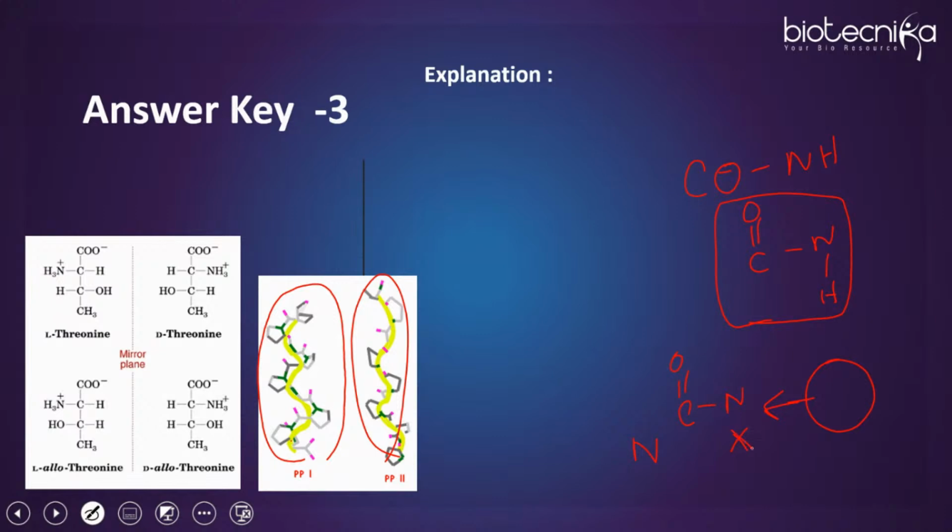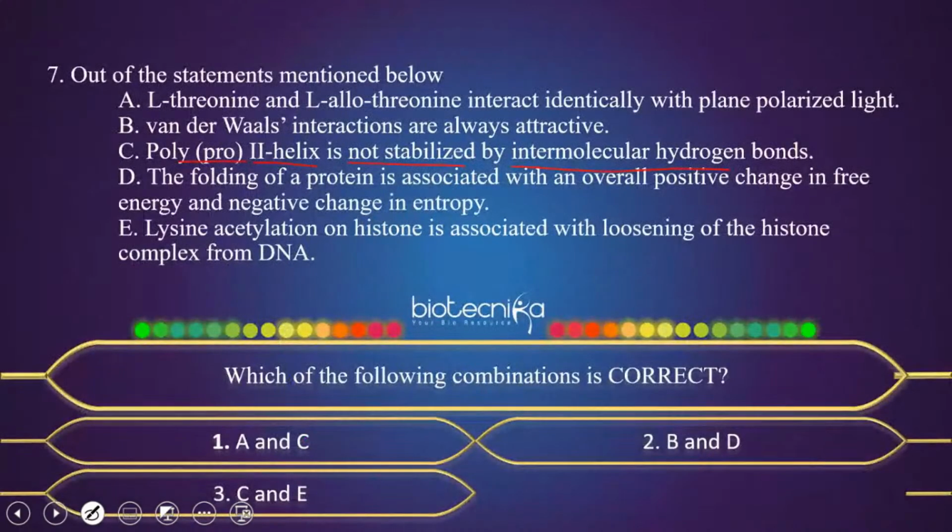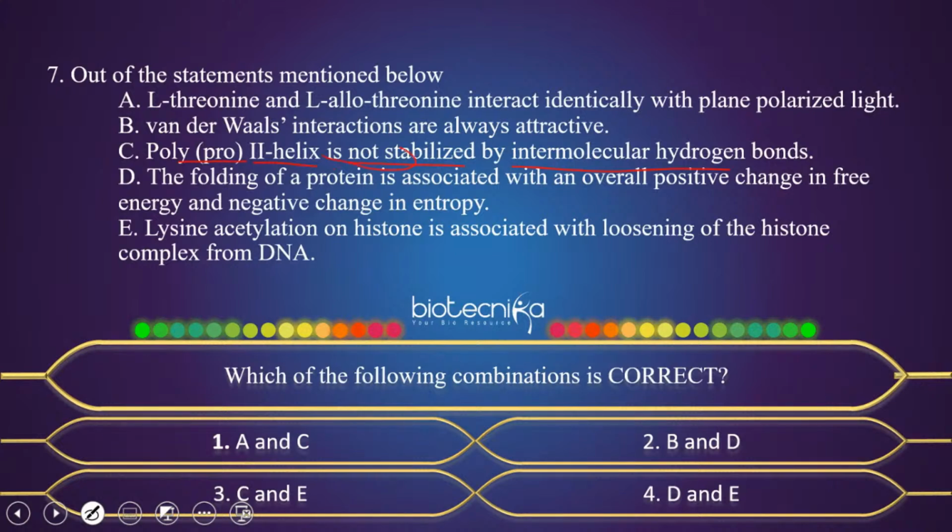There is no hydrogen, as you might know, proline side chain is connected with its own amino group. So there is no hydrogen. And to form secondary structures, to form hydrogen bonds, you need a hydrogen, isn't it? So if hydrogen is not there, from where will a polyproline chain, a polypeptide chain in which all are proline, get hydrogen bonds stabilizing the structure? Not possible. So that is why it is a correct statement. It is said it is not stabilized.